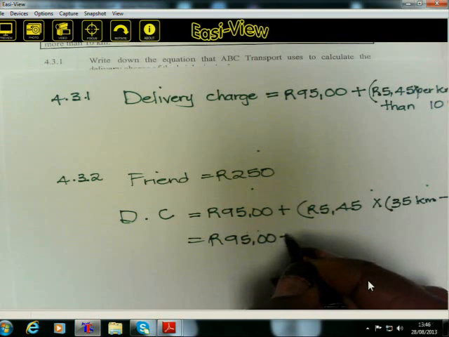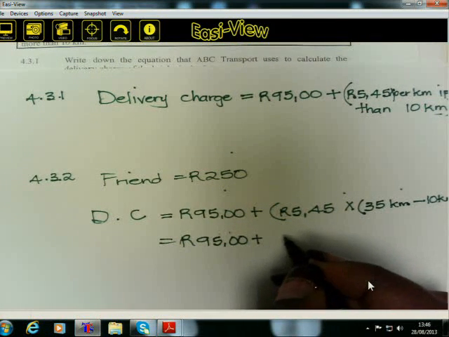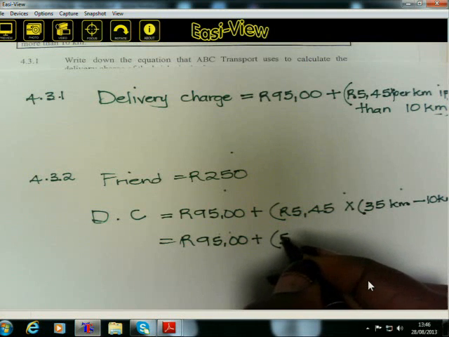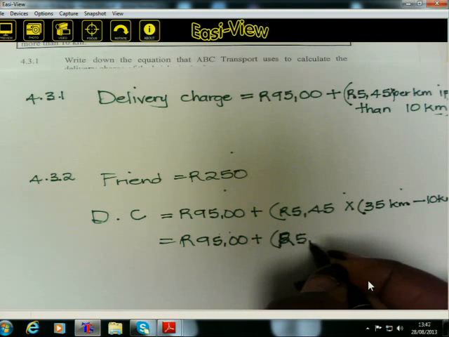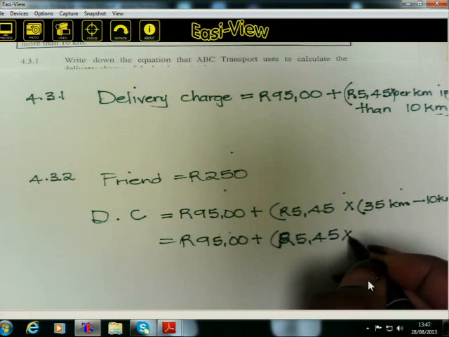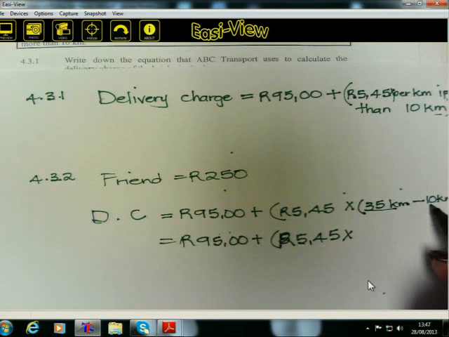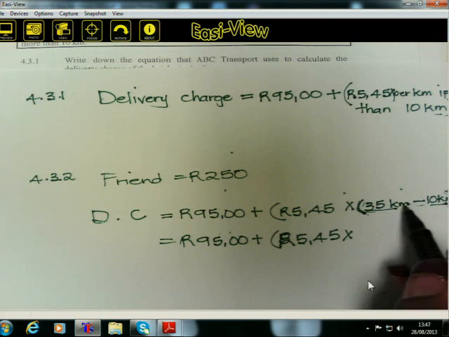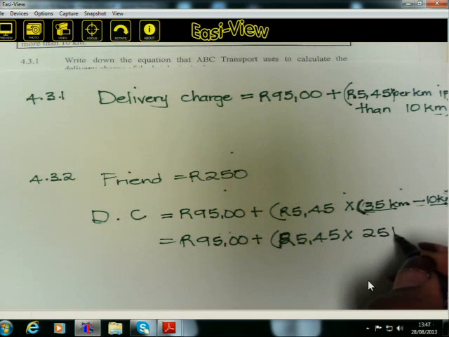So it will be that 95 rand that we bring down as it is. Between the brackets we have 5 rand 45 cents multiplied by 35 minus 10 kilometers. Remember, this is within the brackets. I know some of you are saying now, what about BODMAS? This is within the brackets, so we must first solve what is inside the bracket, and we get 25 kilometers.